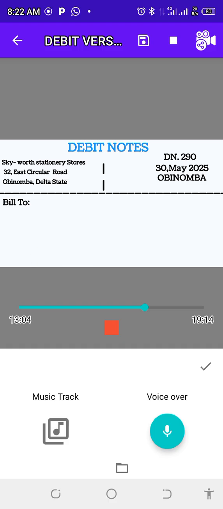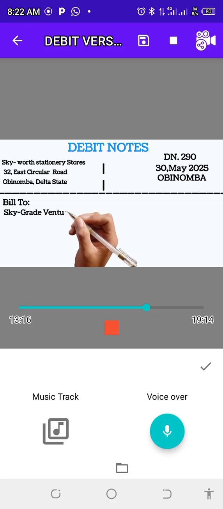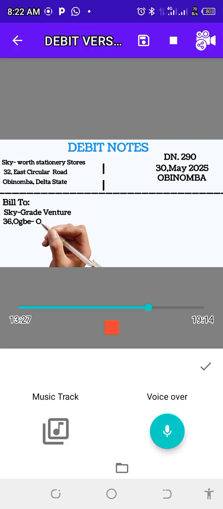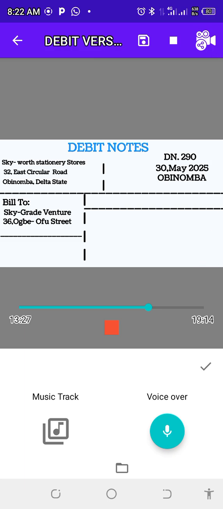Now we are going to specify the quantity and the amount here. The quantity of the thing returned and the amount of the object returned. The quantity here is 1 Sanyo radio set, and the amount is what? 25,000 naira.